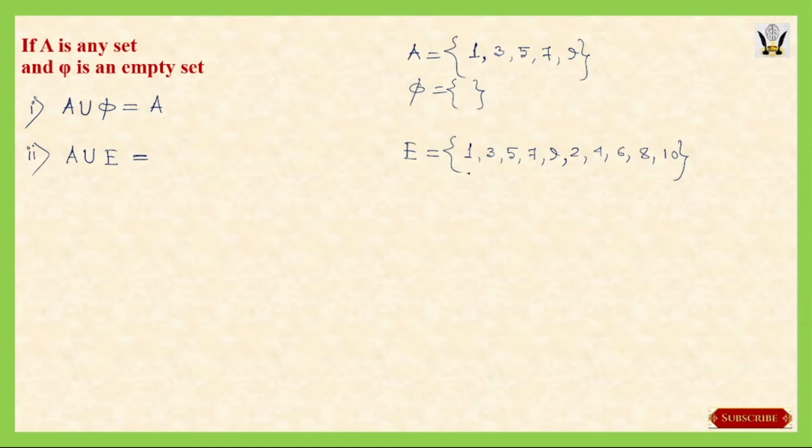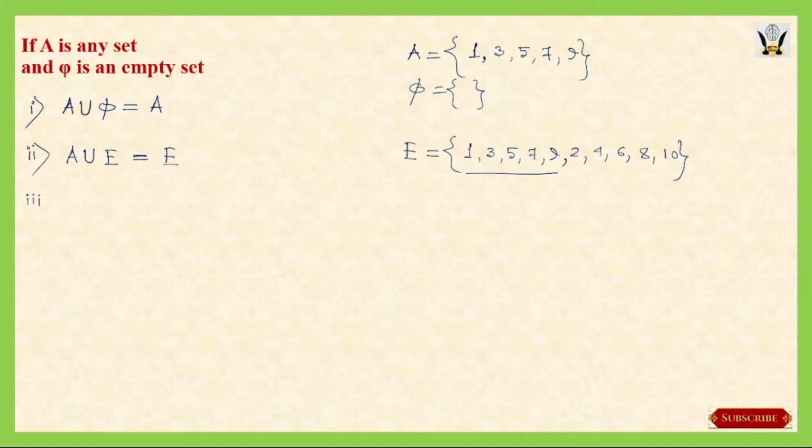So the universal set already has all the elements of A. Now when we perform the union operation between A and E, in the result we will have only the elements which belong to the universal set. That means when we perform union between a universal set and another set, the result of union will always be that universal set only.